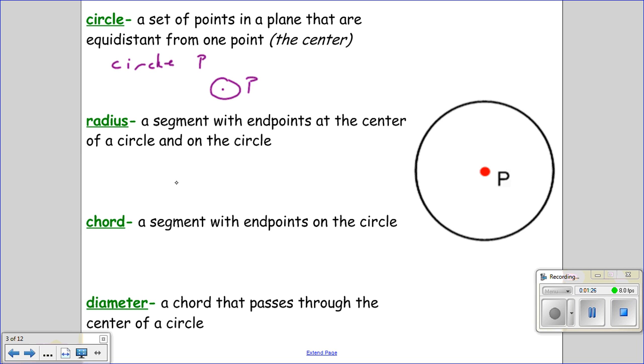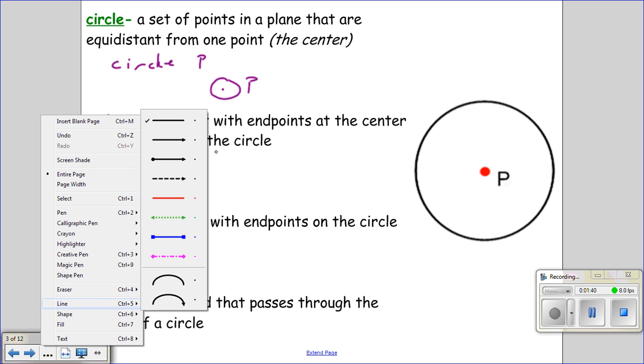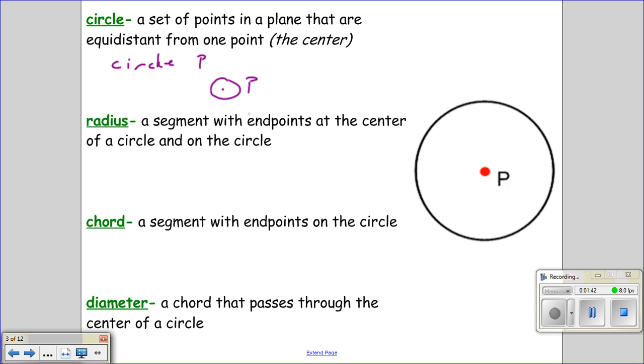A radius is a segment with endpoints at the center of a circle and on the circle. We briefly talked about this last lesson when we were talking about our polygons. But again, a radius starts at the center. So in this case, it would start at P and it would hit the edge of the circle.